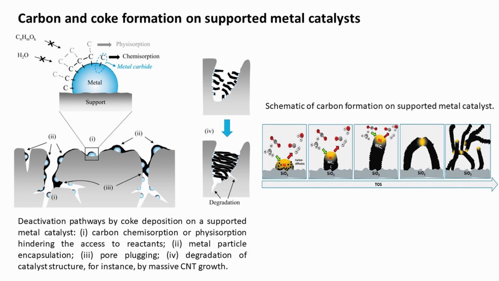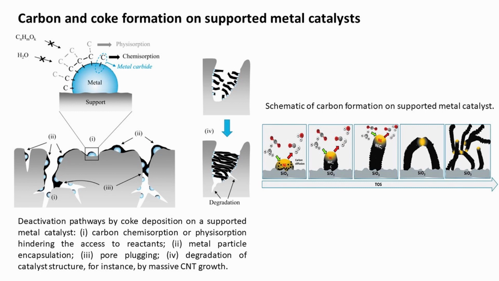Finally, in extreme cases, strong carbon filaments may build up in pores to the extent that they stress and fracture the support material, ultimately causing disintegration of catalyst pellets and plugging of reactor voids.